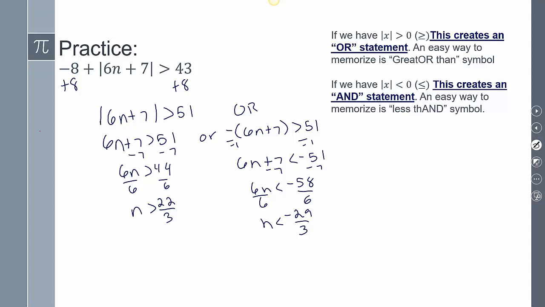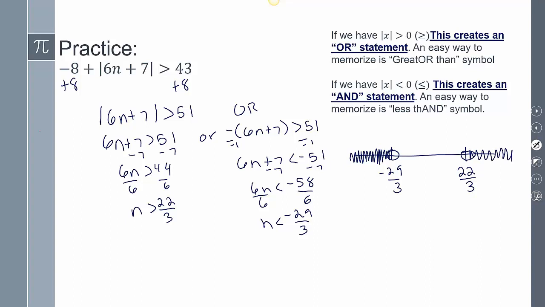So now let's model this. So on my number line, we'll say that this is negative 29 over 3, open circle, and it says x is less than that. And then the other one, it says n is greater than 22 over 3. So let's say this is 22 over 3, open circle, so it's not equal to, and it says n is greater than that. Well, an or statement means you include both.